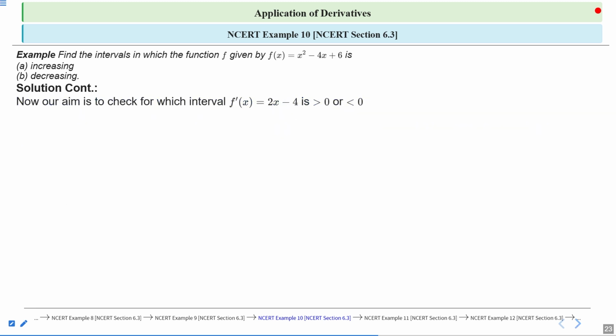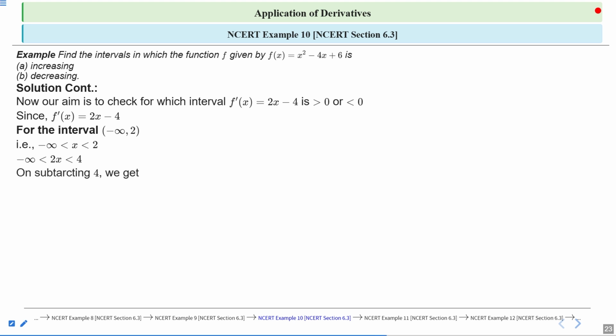Now, our claim is to check for which interval f'(x) equal to 2x minus 4 is greater than 0 or less than 0. Since f'(x) equal to 2x minus 4, for interval minus infinity to 2, that is x is from minus infinity to 2, we can say that 2x is from minus infinity to 4, right?